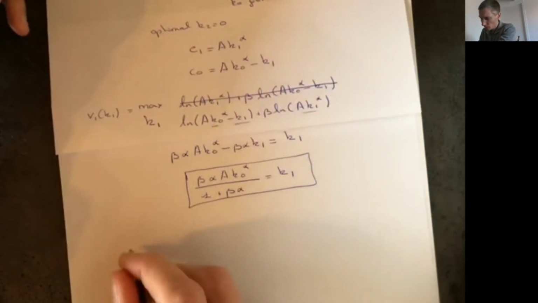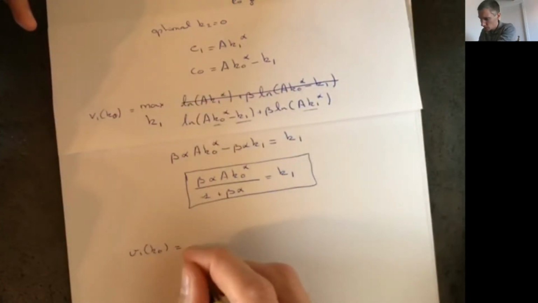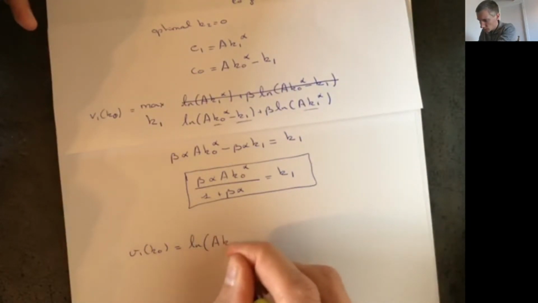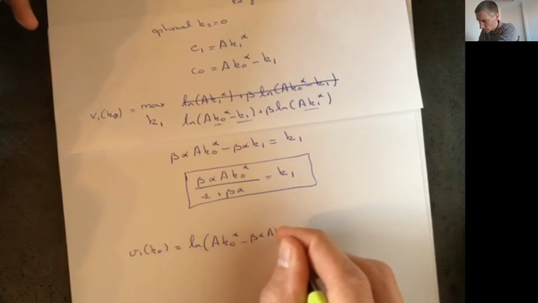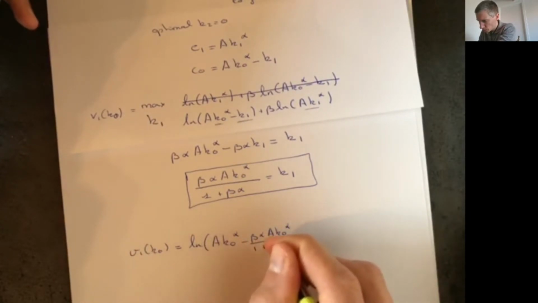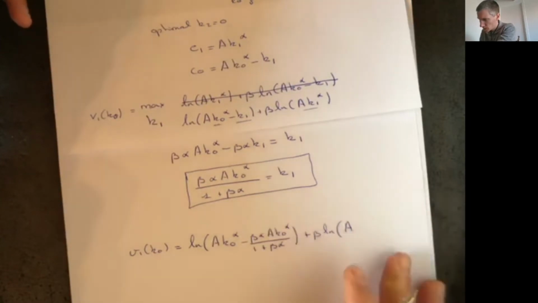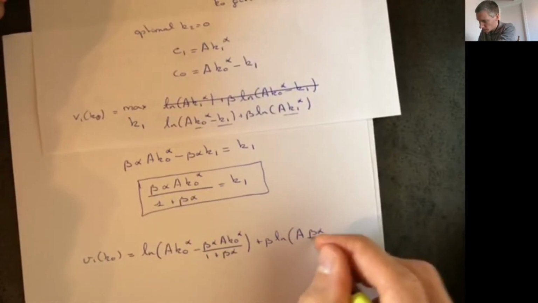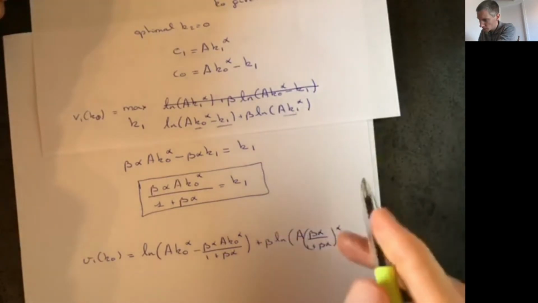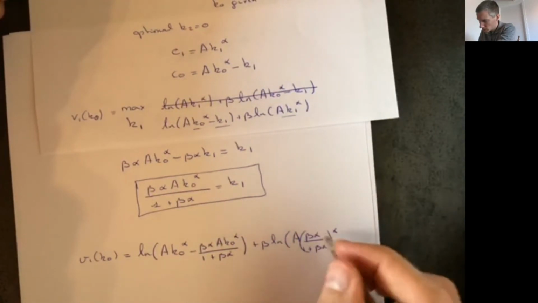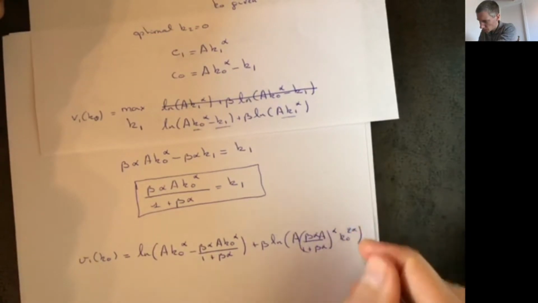Then we obtain that V1 of K0 is equal to ln A K0 alpha, and then minus beta alpha A K0 to the power alpha divided by 1 plus beta alpha, plus beta ln A times beta alpha over 1 plus beta alpha, to the power alpha, and then also multiplied by A, and then K0 to the alpha.